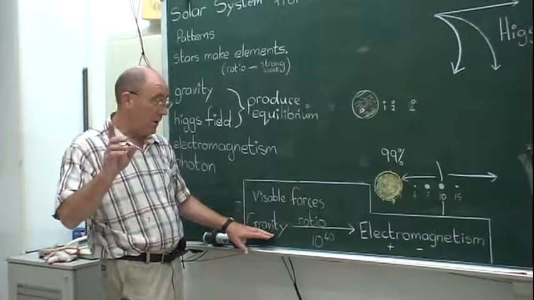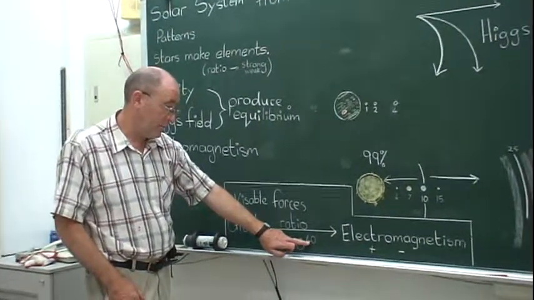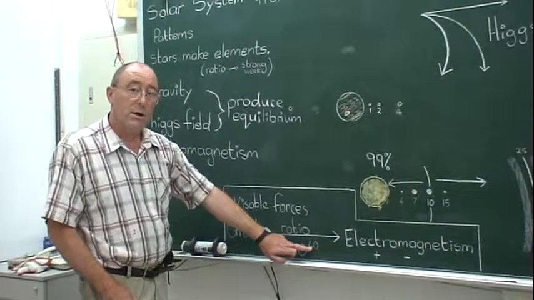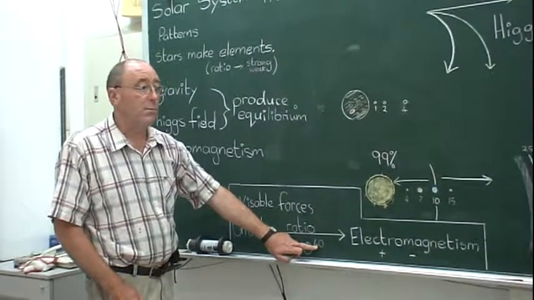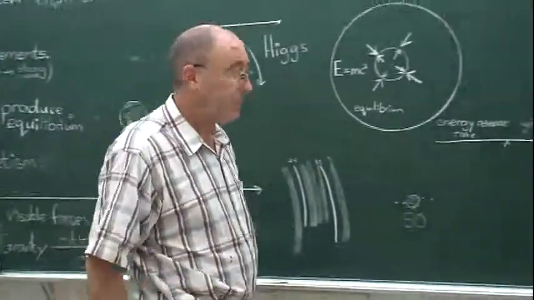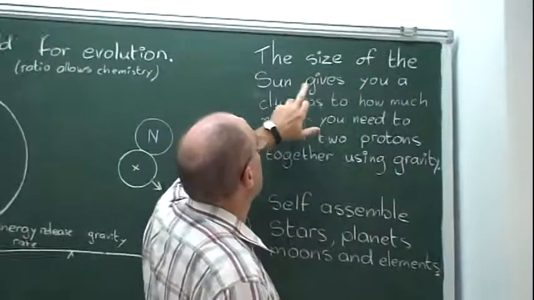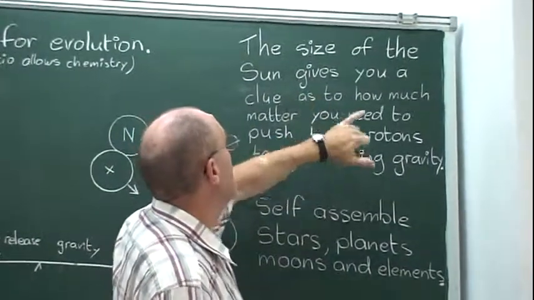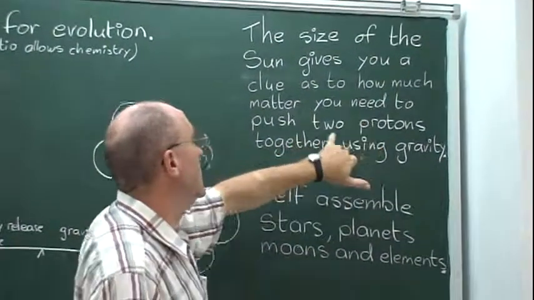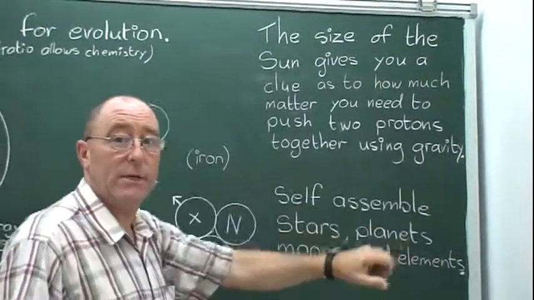Now remember my ratio, 10 and 40 zeros. That is a huge number, a number you can't even possibly imagine. But that ratio tells you the size of the sun, gives you a clue as to how much matter you need to push two protons together using gravity.